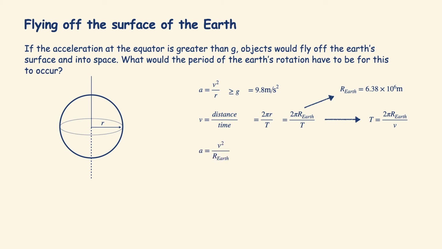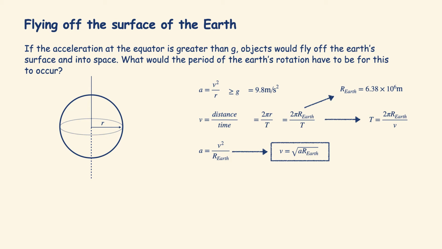That speed, of course, is related to the acceleration. We have the acceleration being equal to v squared over r. Remember, for the equator, that r is going to be simply equal to the radius of the Earth. That gives me that the speed with which the objects are moving on the equator around the axis of rotation is equal to the square root of the centripetal acceleration times the radius of the Earth.